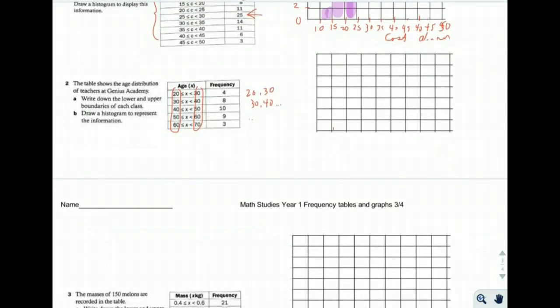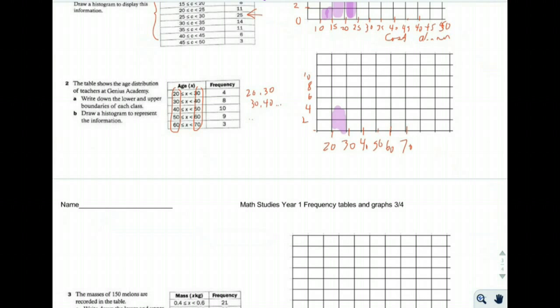We're going to write at the edges of the columns, we're going to put 20 to 30 to 40 to 50 to 60 to 70. And then here on the left, we're going to put the frequencies. We need to go up to frequency 10, so I can't count by ones because there's not enough space. So I'll count up to 10 like that. And then for 20 to 30, I'm going to mark the frequency 4.